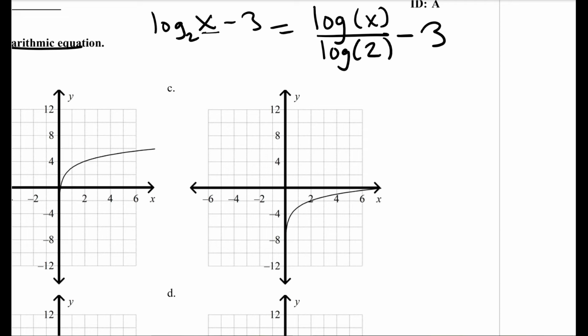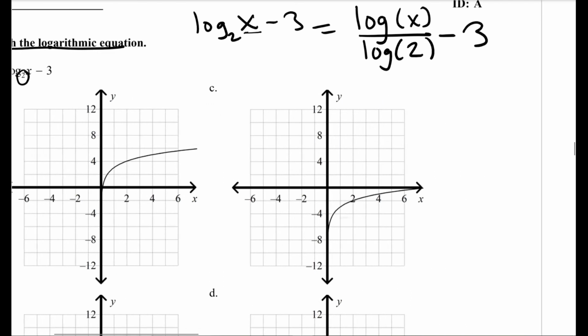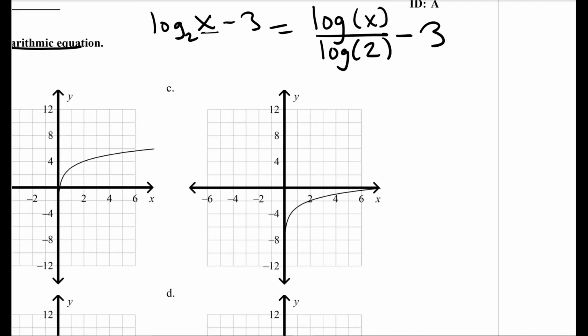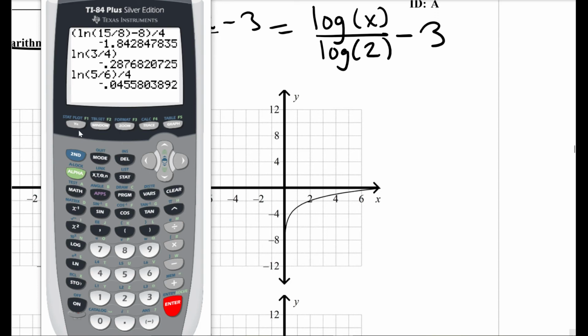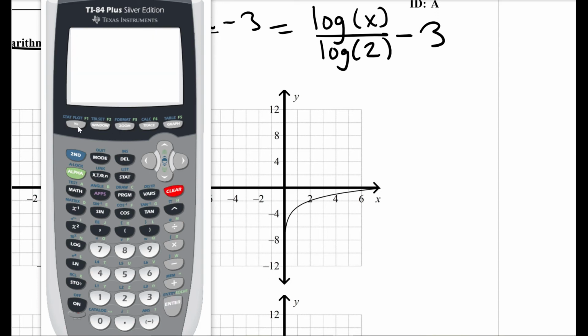Okay, so that's how you're going to be able to type it in. If you don't type it in like this, then you're going to get the graph incorrectly. Okay, so it won't really work out in your favor. You won't be able to match it to any of the multiple choice. Okay, so let's go ahead and show you that on the calculator. So again, you're going to go to y equals, then you're going to type in log of x.